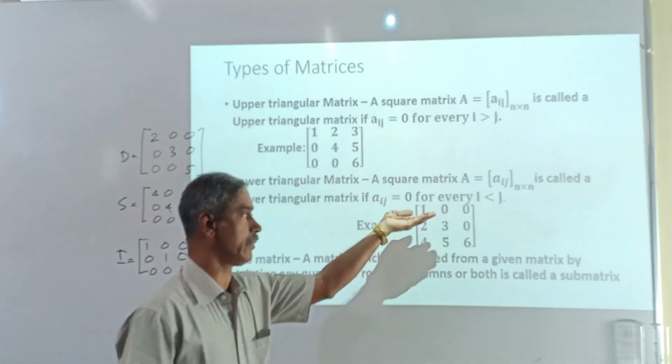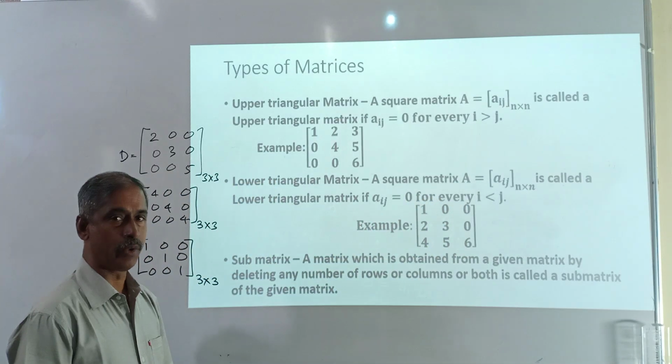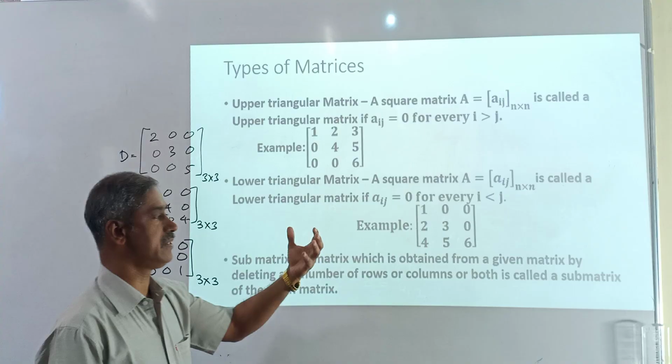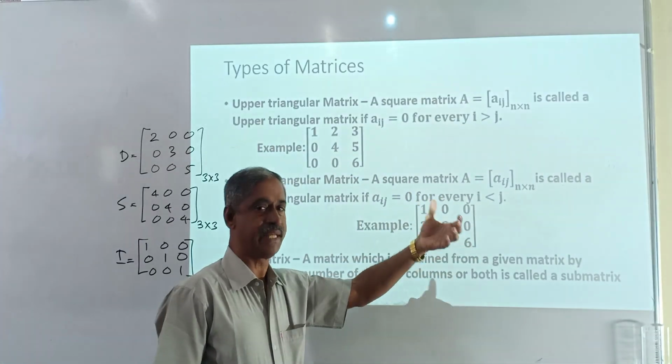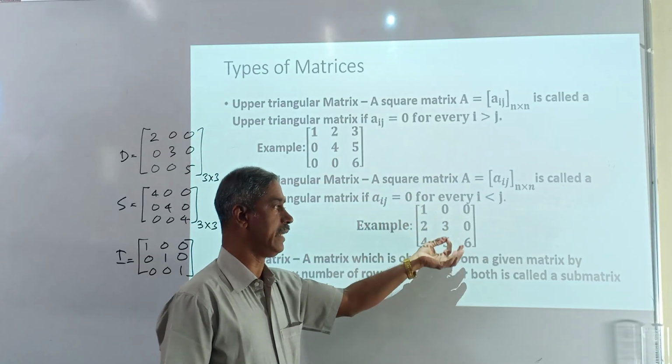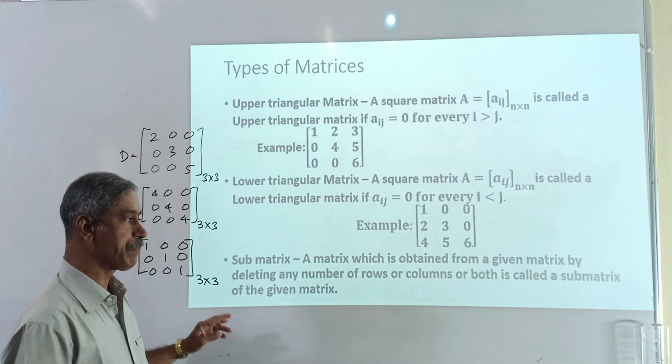So when these conditions are satisfied and those entries are 0, we could call it a lower triangular matrix. Or maybe it is easy to remember: the triangular region above the leading diagonal being 0 is mentioned as lower triangular.